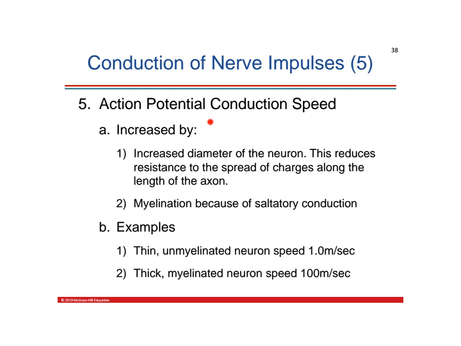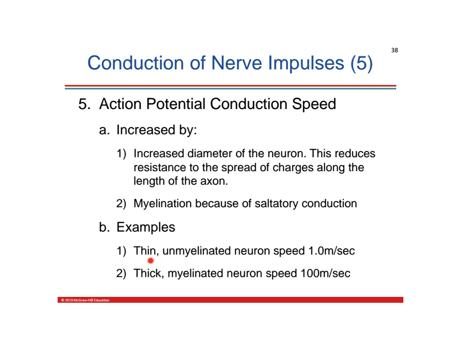Another way of increasing action potential conduction is to increase the diameter of the neuron. This reduces the resistance to the spread of charges along the length of the axon. So that is actually sort of similar to, say, a copper wire. The larger the diameter, the lower the resistance to the movement of electrons down a copper cable.